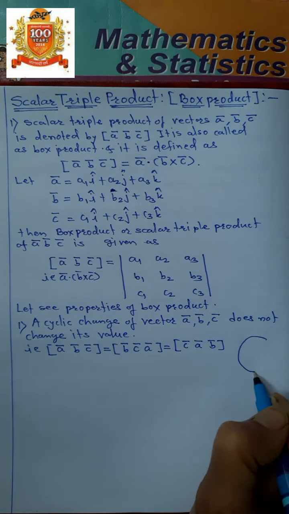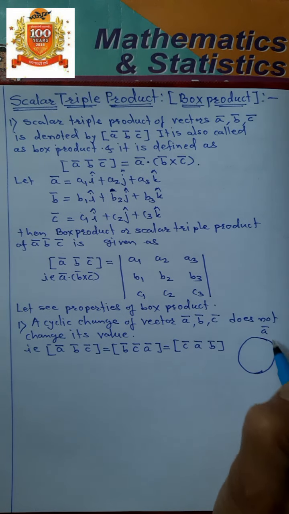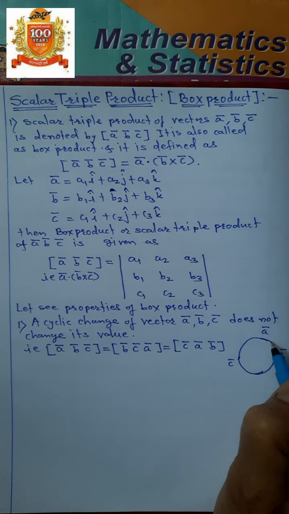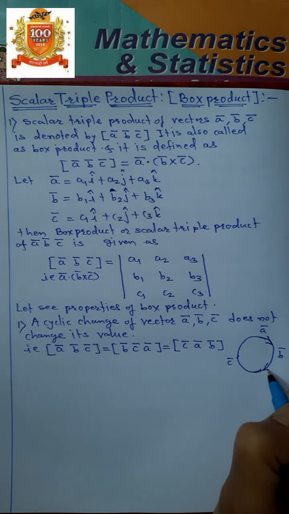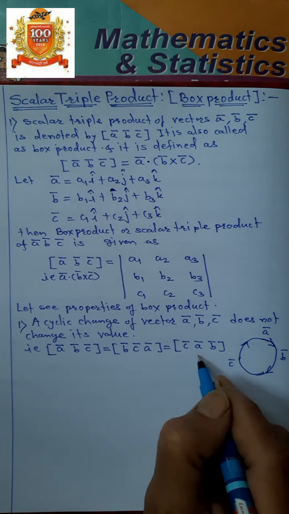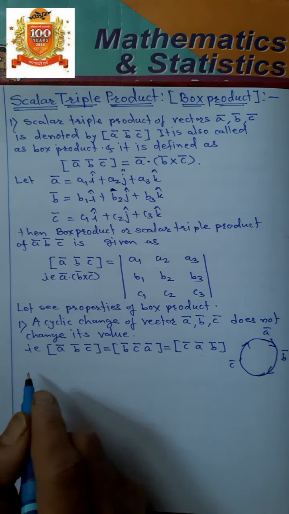That is cyclic order. If we do not change the cyclic order, then its value is the same, will not change.